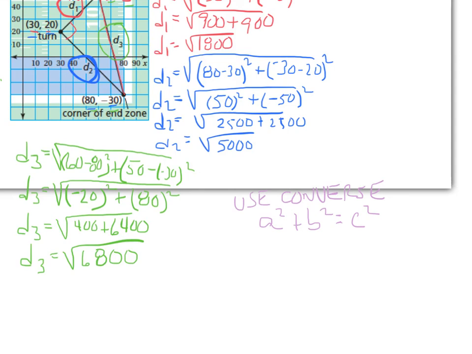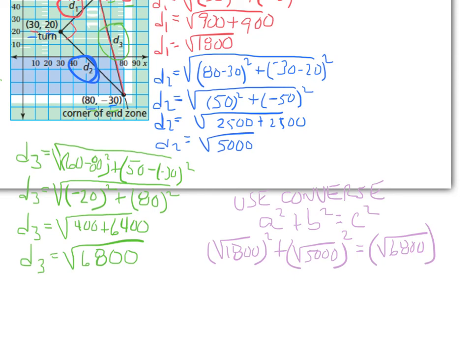We know that the hypotenuse is D3. It's the longest one. So here's the left side. We have D1 squared plus D2 squared equals D3 squared.